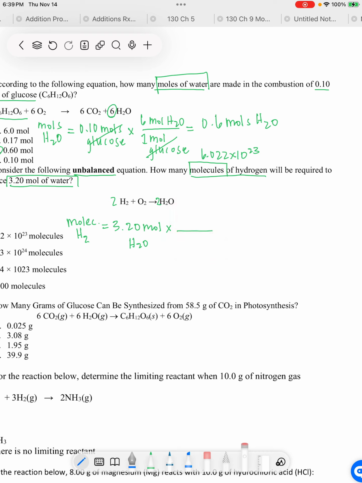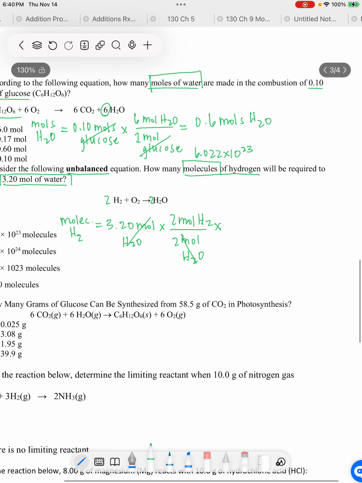Just like above, we're going to do the mole ratio. So how many moles of H2 are produced from how many moles of H2O? So we get 2 moles of H2 for every 2 moles of H2O. Okay, so now we can cross off moles of H2O.